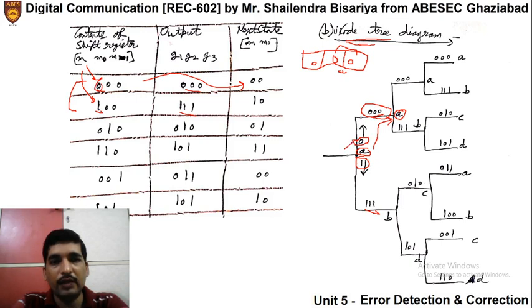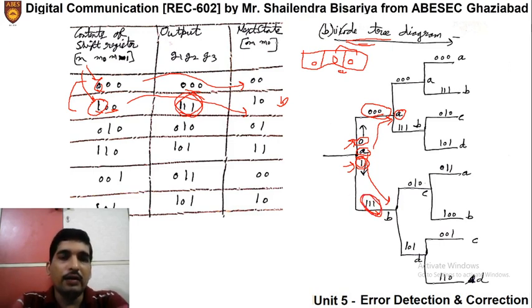That is what we have said. And if the input is 1, then from state A it will go to state 1 0, that means state B, and the corresponding output is 1 1 1.